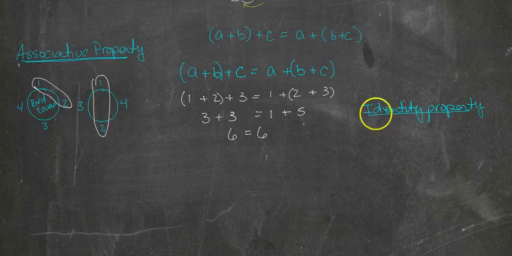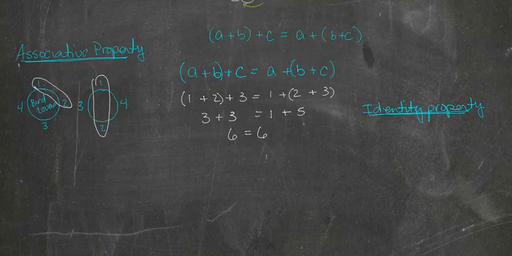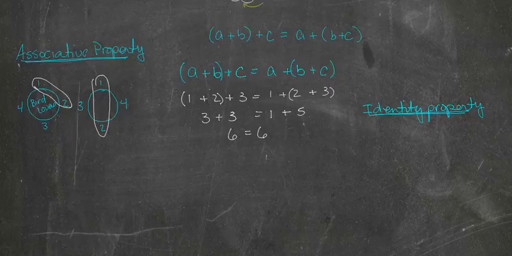So the identity property makes use of something called the identity element. It basically says that if you do something using addition and what you get back is what you started with, then that's the identity property.